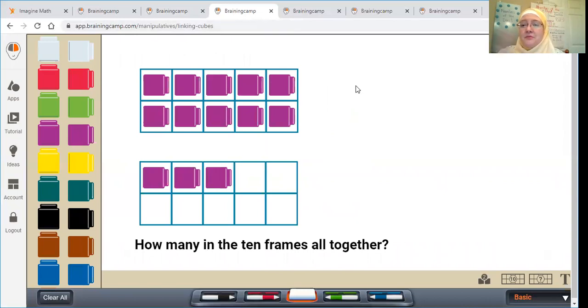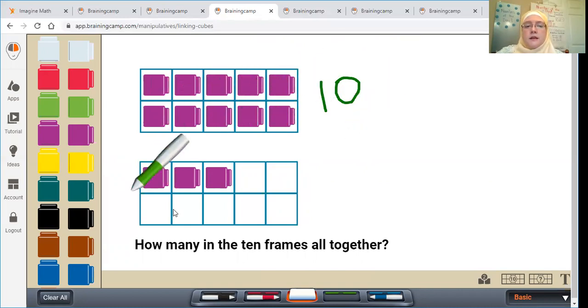Let's see if there's another way we could do it. And this one, we've seen this before, the 10 frame. And it asks, well, how many in the 10 frames all together? Now there's 2 10 frames and they said both 10 frames together. So this one is full to capacity. What does that mean? That it has 10. So let me pick up my pen here. We can write it down. So this one has 10. We didn't even have to count it, but if we wanted to, we could. 1, 2, 3, 4, 5, 6, 7, 8, 9, 10.